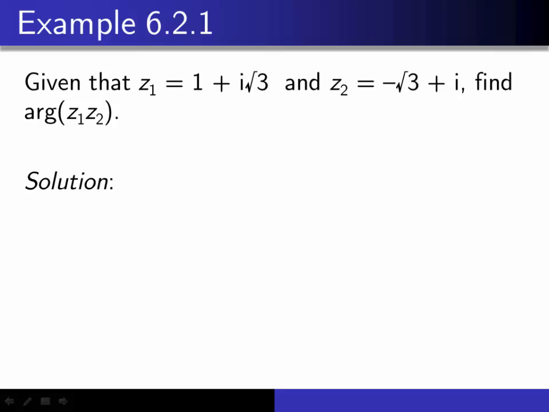Okay, I'll just show you the solution, you check.